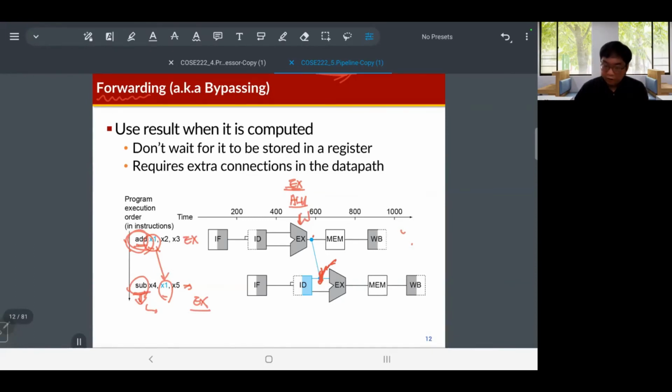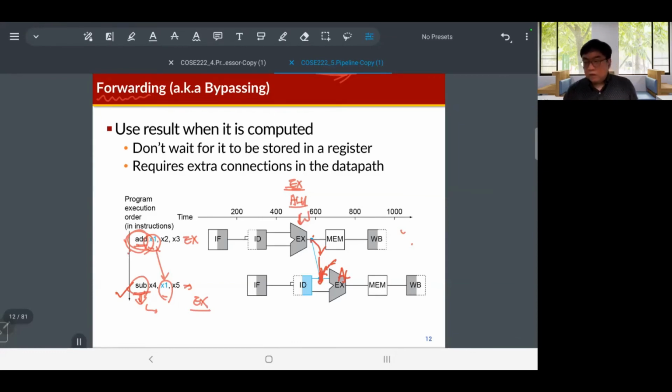You understand? So if we can deliver this result to the input of the ALU, then this sub instruction does not need to wait until the result of the add instruction is written back to the register.